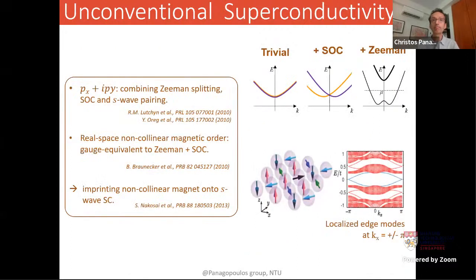In theory, an s-wave, conventional superconductor, which is abundant in materials, can be converted to a p-wave triplet superconductor by coupling it with a semiconducting nanowire that has a significant spin-orbit interaction in the presence of an applied magnetic field. Alternatively, we can achieve p-wave pairing from combining, as I show you here, Zeeman splitting, spin-orbit coupling, and s-wave superconducting pairing.